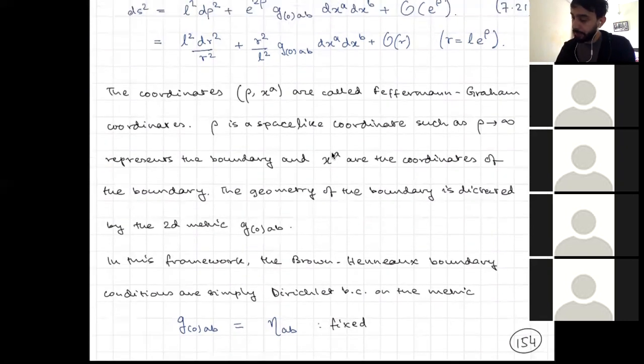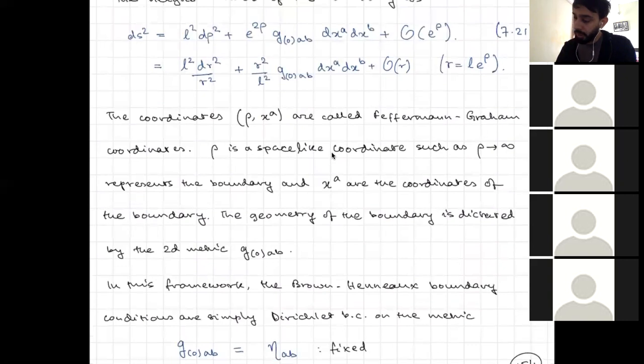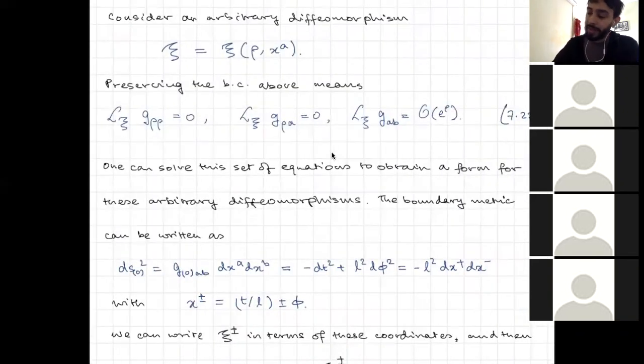Okay, so now we can look at an arbitrary diffeomorphism ξ, and that ξ is going to depend on ρ, and it's also going to depend on these x's, your boundary coordinates.